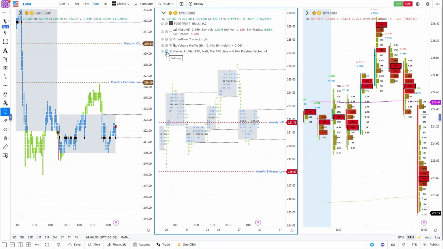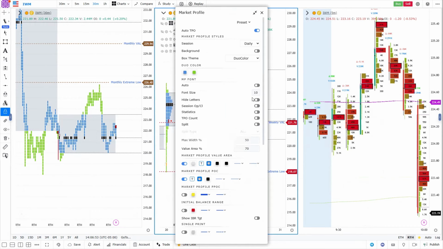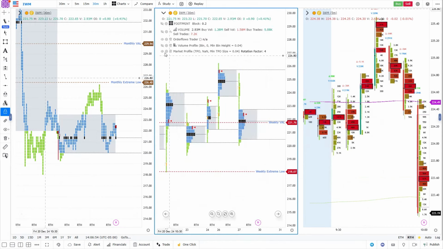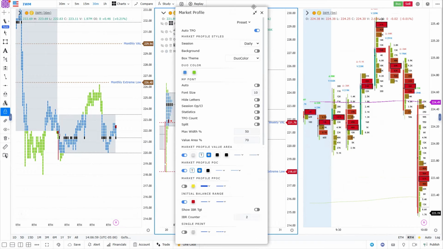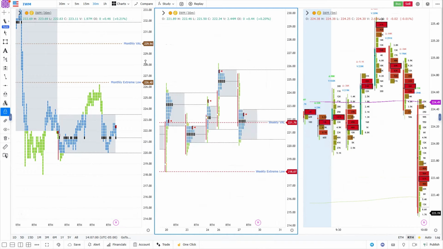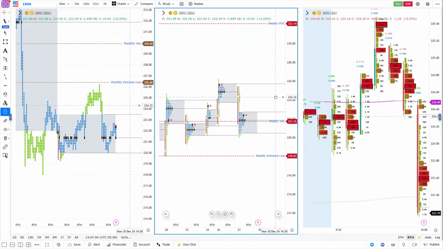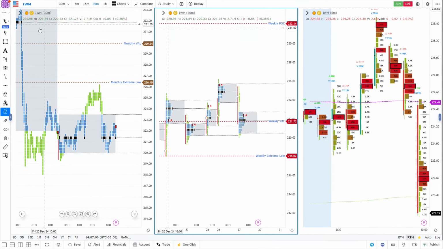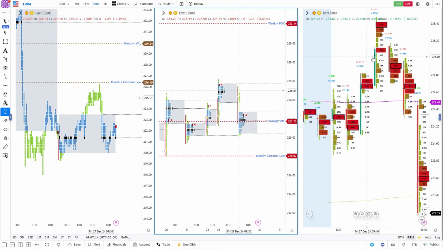That's for another topic, but I'm going to go ahead and unsplit that and make it a little easier to see. So we have a split profile and a regular size profile. These are 30-minute rotations. This is a weekly profile, and this is a daily profile. But what I really want to focus on is the order flow part of it.